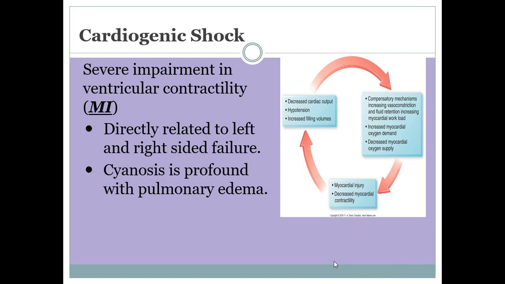Manifestations are usually directly related to left and right-sided heart failure. You'll have decreased cardiac output, hypotension. You might have increased filling volumes. Cyanosis is usually profound with pulmonary edema, increasing vasoconstriction and fluid retention, and increasing myocardial workload.